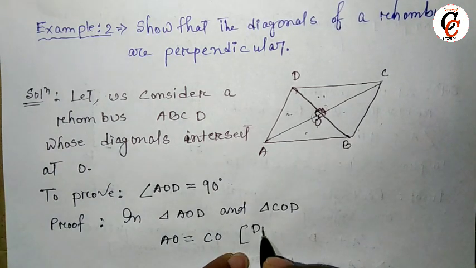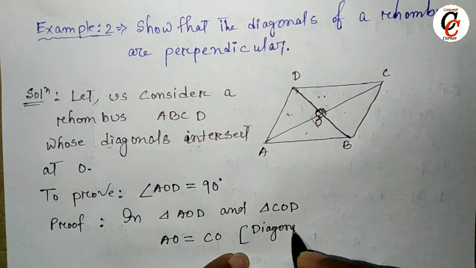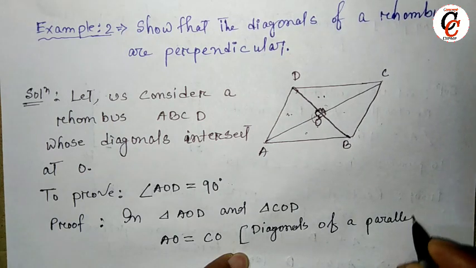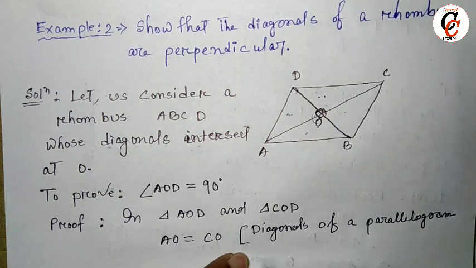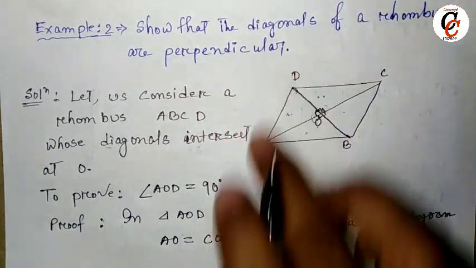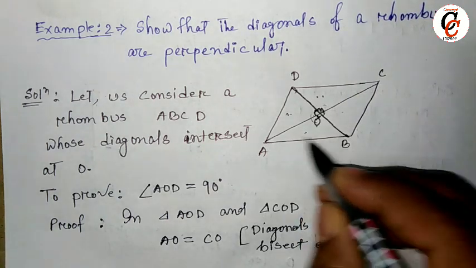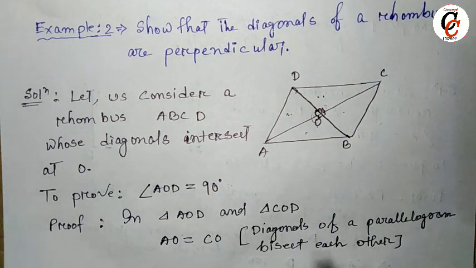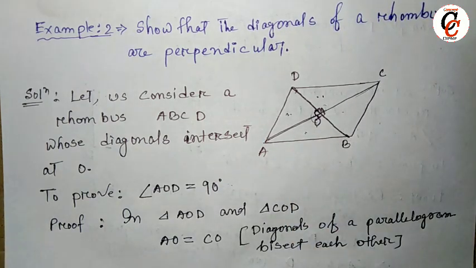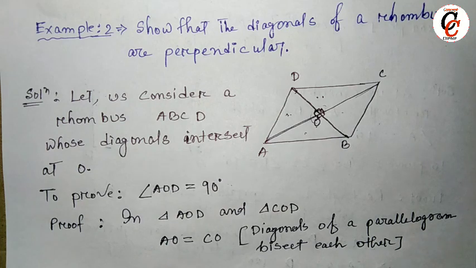Because diagonals of a parallelogram bisect each other, since a rhombus is a parallelogram and these are the diagonals. So diagonals of a parallelogram bisect each other. That is why AO and CO are equal. Again, OD is the common side. OD is equal to OD, common side.